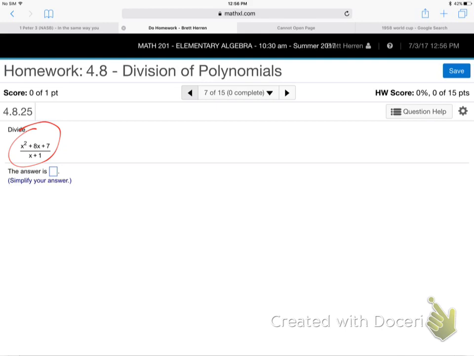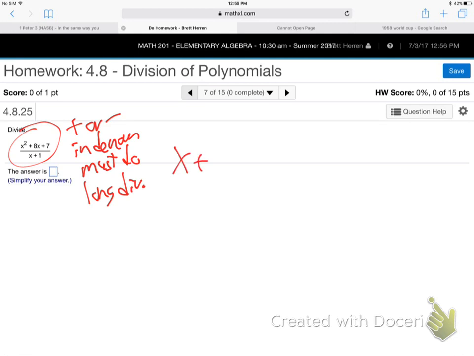How are you going to recognize on the exam next, whatever it is, Monday or Tuesday or something, next Tuesday, how are you going to recognize, hey, that's a long division one? Yeah. Plus or minus in the denominator. Must do long division. So you got to turn it into long division.